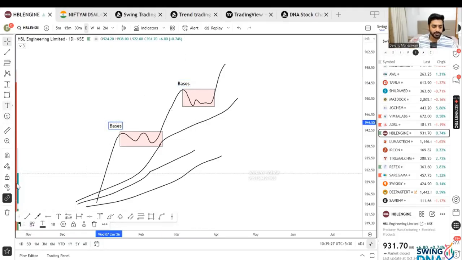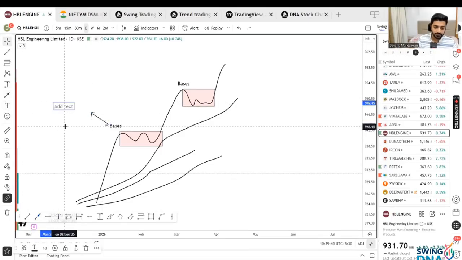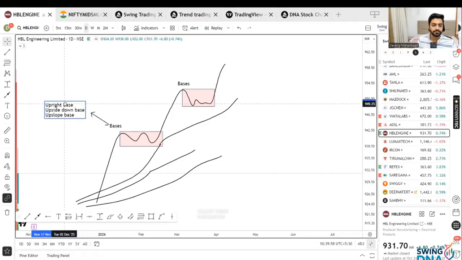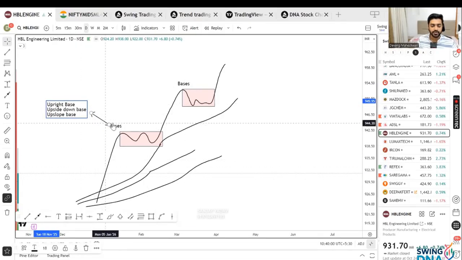We understood in the previous session that there are 3 types of bases that you will find: you will have an upright base, an upside down base, and an upslope base, based on how it is looking. These were the key fundamental points that we understood in 2 sessions.